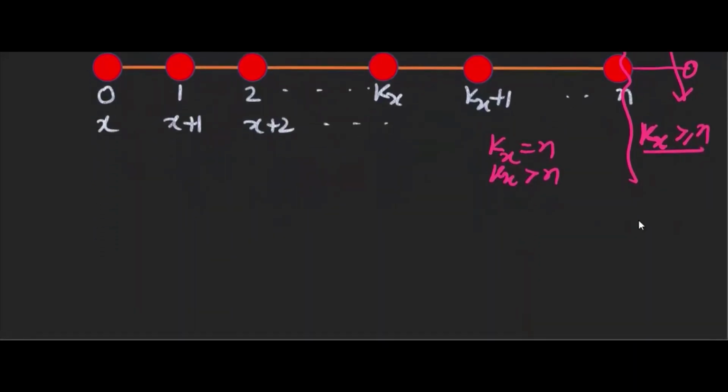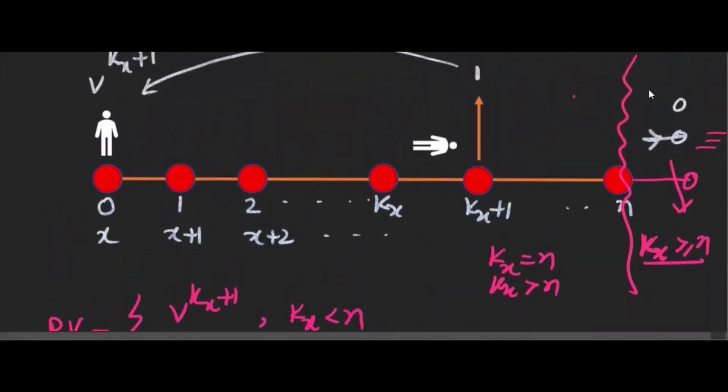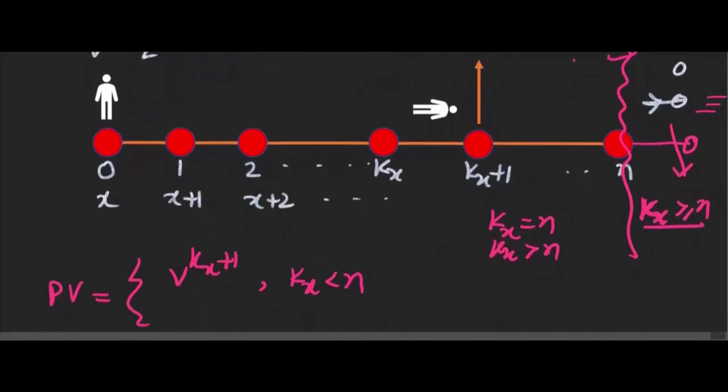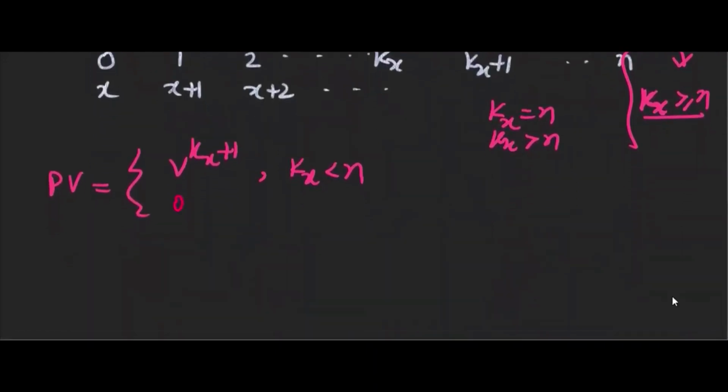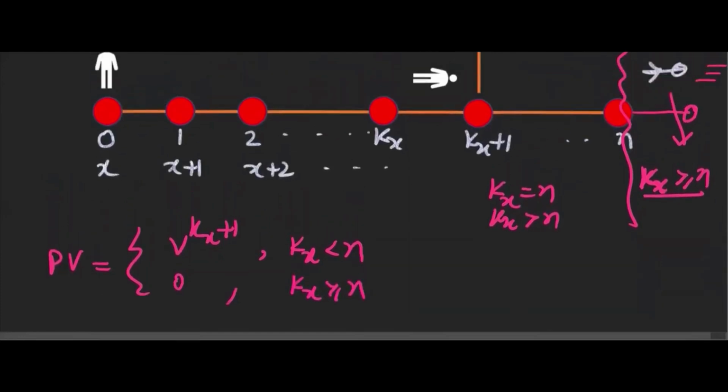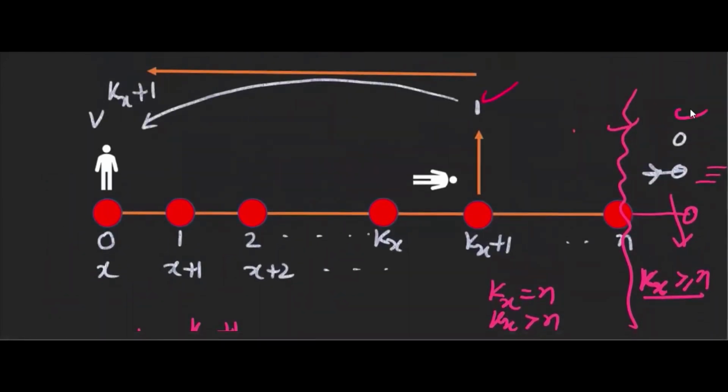We'll make sure that this will not happen. So we'll write PV equal to v power Kx plus 1, but Kx should be less than n. That means the person should die before n, before this term. For that you have to write Kx less than n. And 0, no benefit if Kx is greater than or equal to n. This also you have to write, this one and this one both.